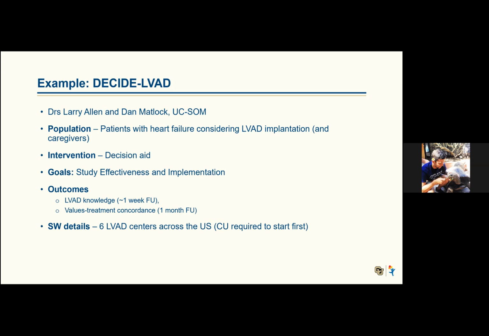And the goals were to study effectiveness and implementation. The outcomes were knowledge about the procedure and values-treatment concordance: whether they wanted to extend their quality of life versus extend their survival. And there were six centers in this trial.